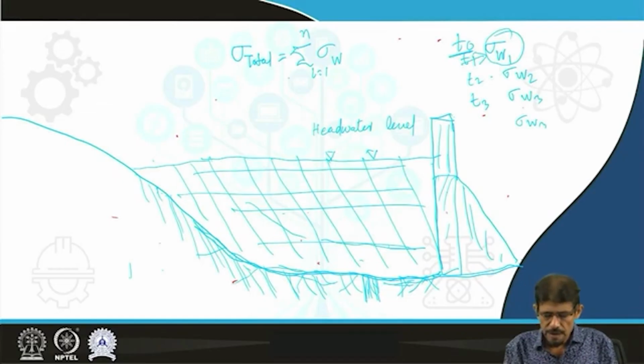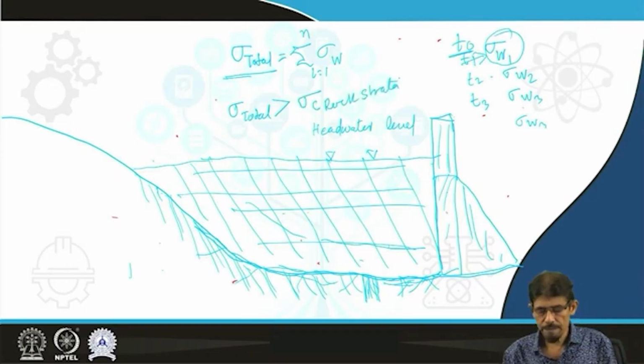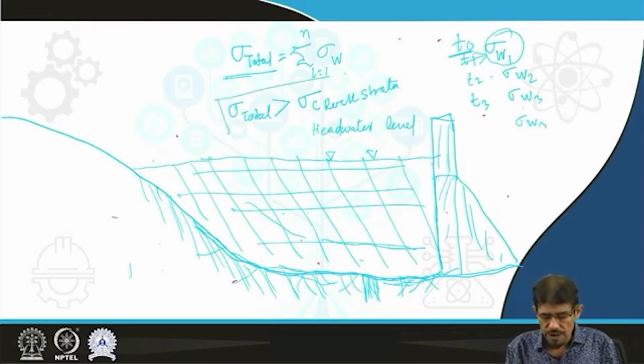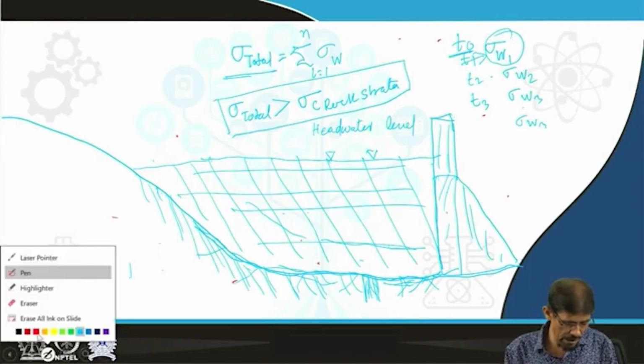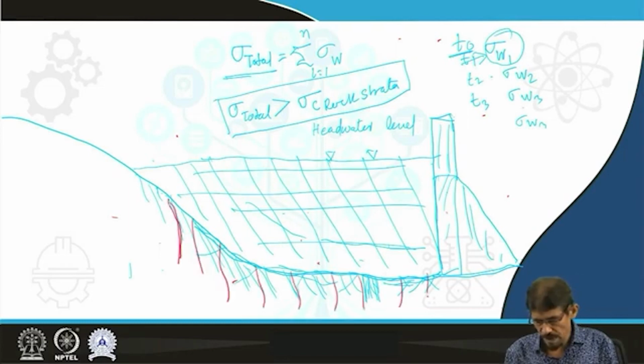When the value of the sigma total is increased, then the strength of rock strata is reduced. In such condition, there is a generation of fractures on one side.